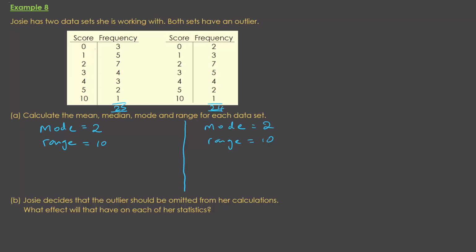So for the median of the first data set, we know there's 25 pieces of data. Add 1, divide by 2, gives us 13. So we're after the 13th piece of data.